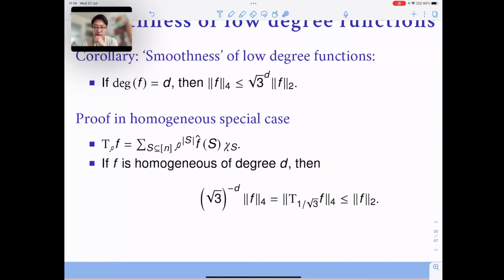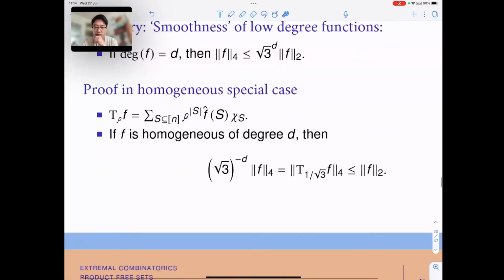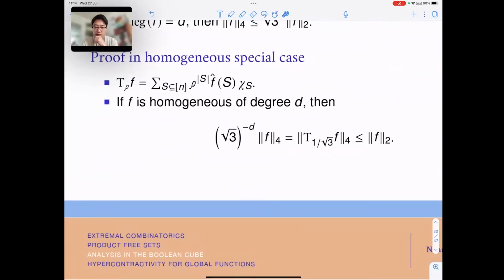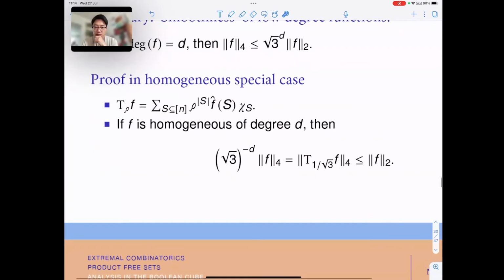If you look at the noise operator, it has a neat Fourier formula: the sum of f hat of S times chi S, where we multiply the character chi S by rho to the size of S. In the special case where f is homogeneous of degree d, so f is equal to the sum of f hat of S chi S only over sets of size exactly d, then T rho f just multiplies the function by rho to the d.